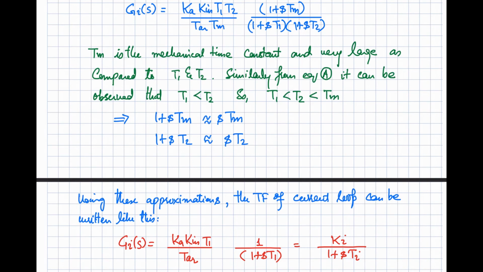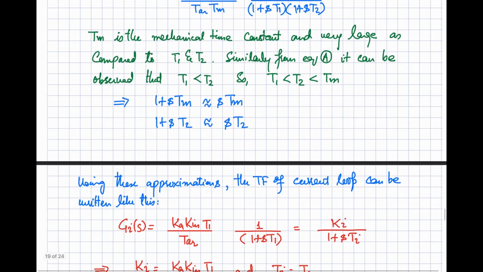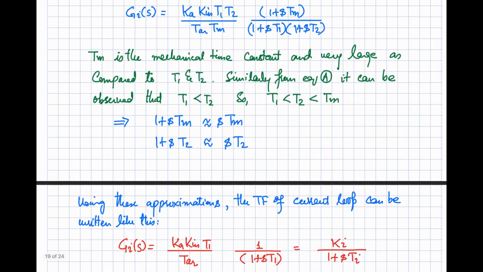So using these approximations, the transfer function of the current loop now can be approximated like that. Ka, Kin, and the T2 and the Tm will be nearly, you can say, cancelling each other. You have only TAR. Why are we cancelling each other? Because they are the higher ones as compared to the T1. And then what is this? This is sTm, right?